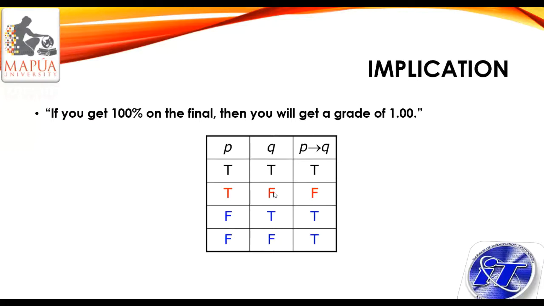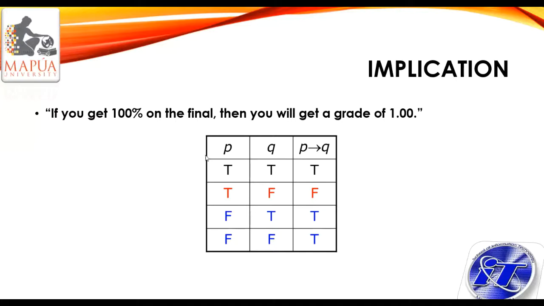Otherwise, like on the third row, the statement is false. So again, if the premise and consequence have different values, the consequence value will determine if the statement is true or false. True false is false, false true is true.